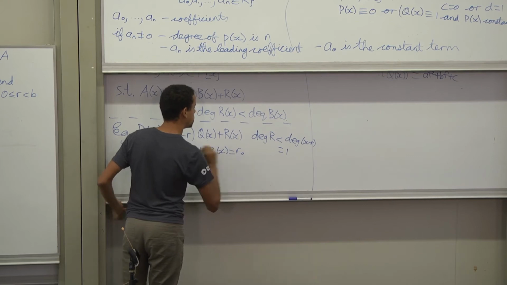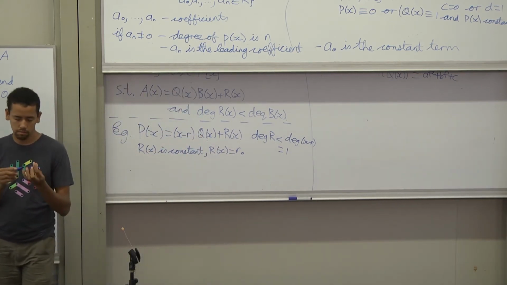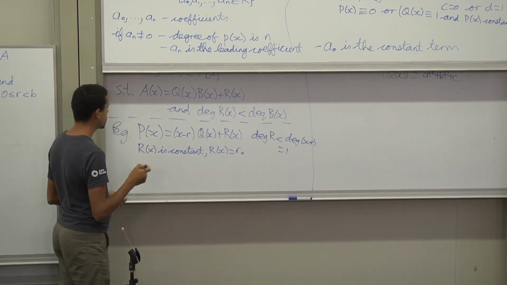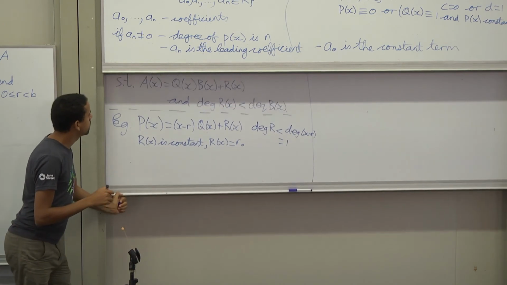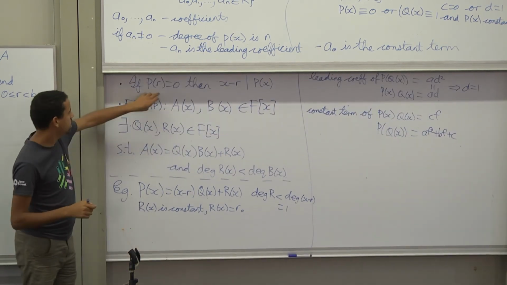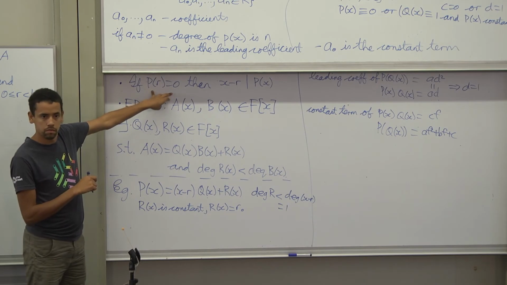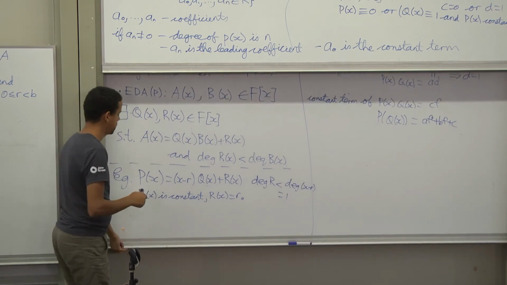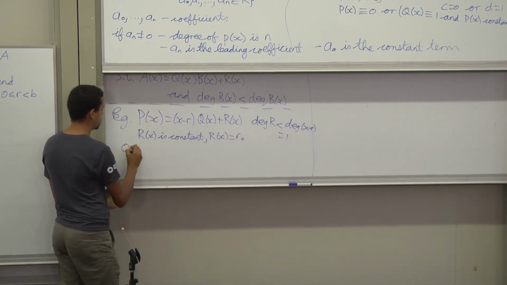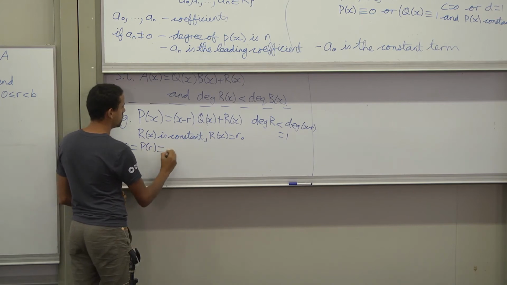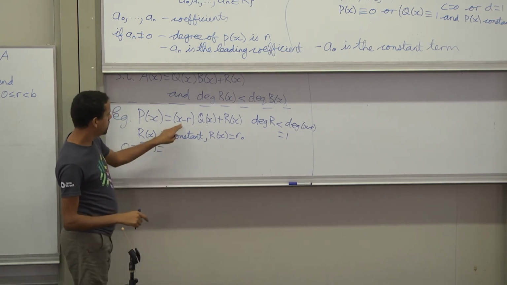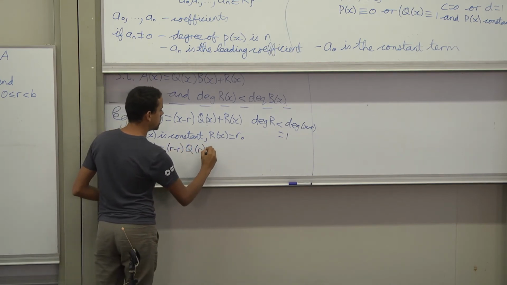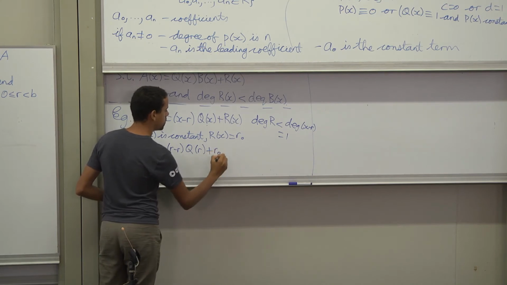So let's say it's always equal to some specific number. Now, I have to use the fact that P of r is equal to 0. So let's plug in x equals r into this equation over here. 0 is P of r, which would be r minus r times q of r plus this constant r0.